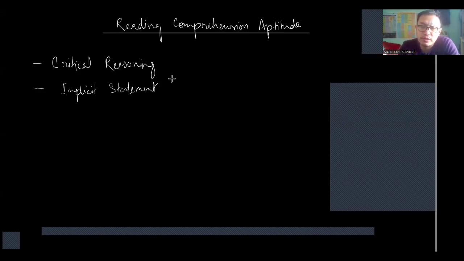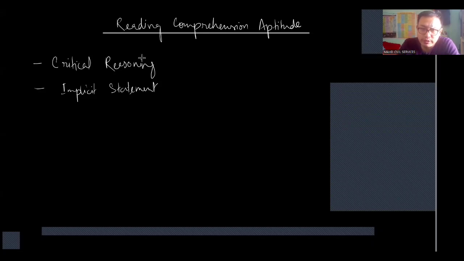Explicit, for example, let's say something that is written clearly and directly. Implicit is directly hidden, but it is not said outright. We have the implicit statement.